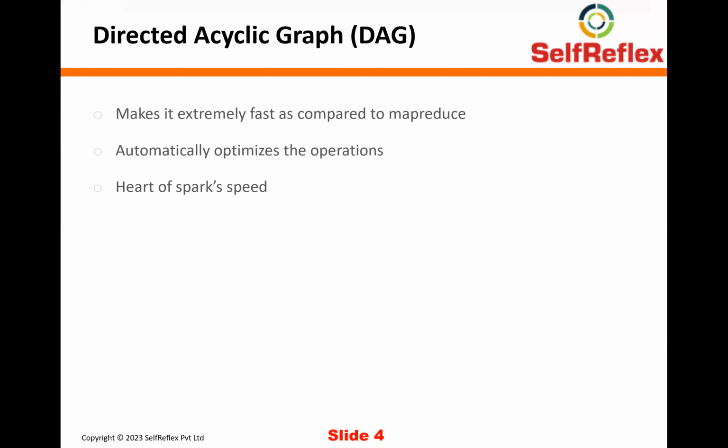In other words, Spark is using its own intelligence to optimize your workflow. And that intelligence is basically called a directed acyclic graph. Basically, Spark is creating a graph of all the steps in your workflow. And then it is figuring out, in order to arrive at the final step in that graph, what are the middle steps that it can optimize. And DAG is at the heart of the speed that Spark provides.